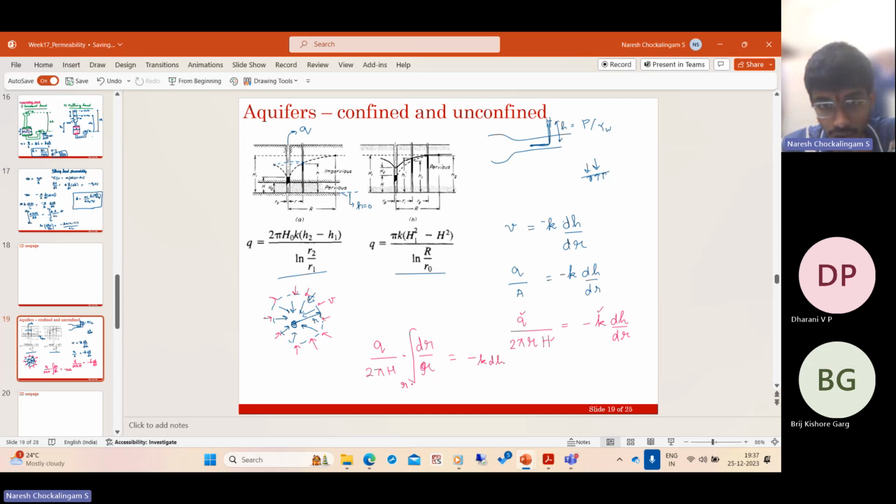So when R equal to R1, H is equal to H1. And when R equal to R2, H equal to H2. If you do this, you get Q by 2 pi H natural log of R2 by R1 is equal to K into H1 minus H2.